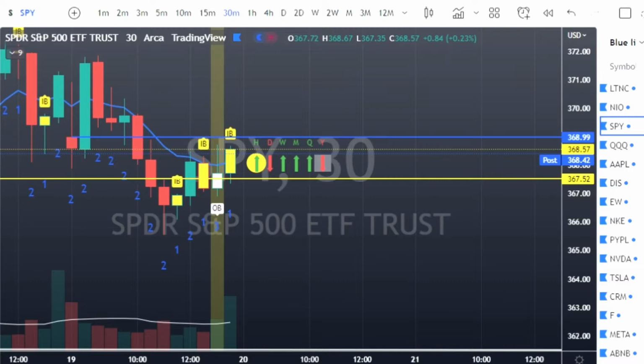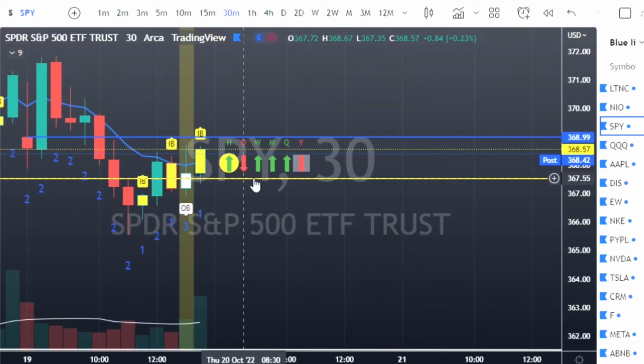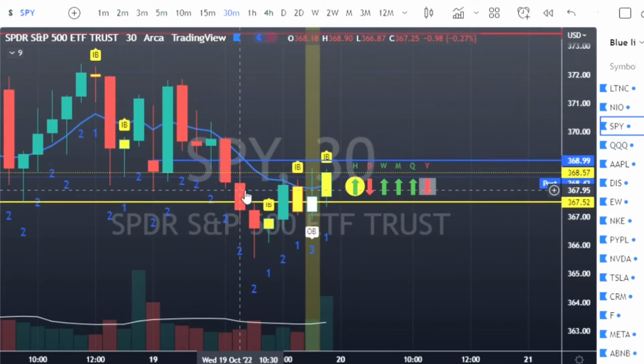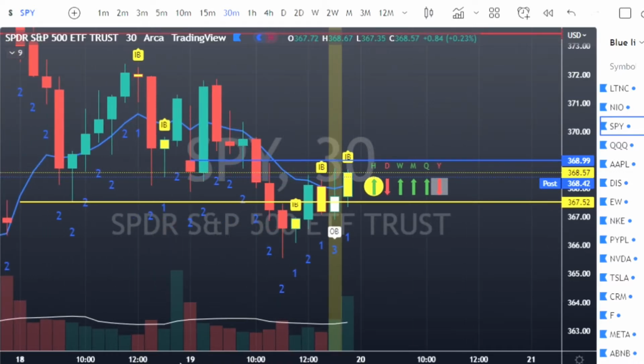So I want to go through SPY, because SPY, for the most part, until right here, where this candle broke the yellow line, traded on an inside day. And I sent out a message to the people in my Discord saying, I really wanted to take a SPY trade, but on inside days, they're really, really tough because it tends to chop around.